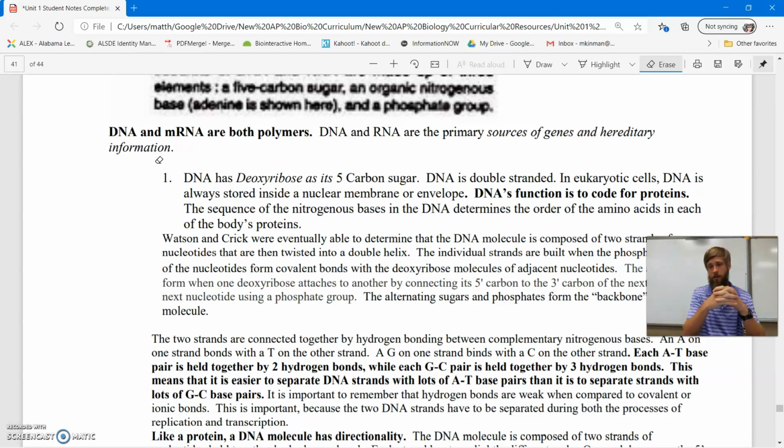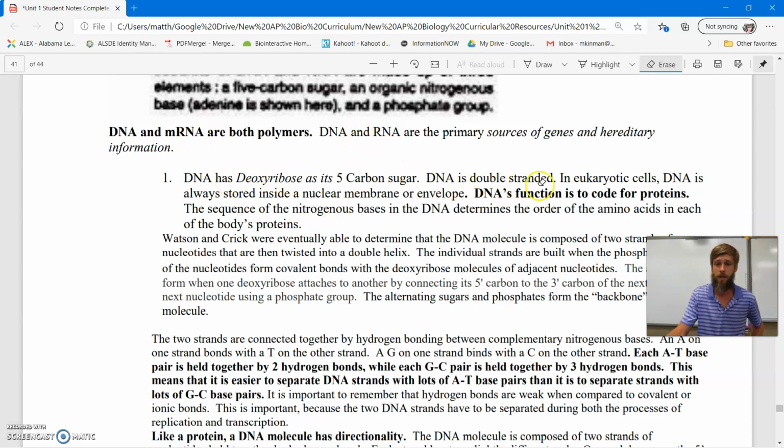Those fused together to form 46 chromosomes with thousands of genes, all contained within your DNA. DNA has deoxyribose as its 5-carbon sugar. So then what do you think RNA has as its 5-carbon sugar? Ribose, not deoxyribose, but ribose.